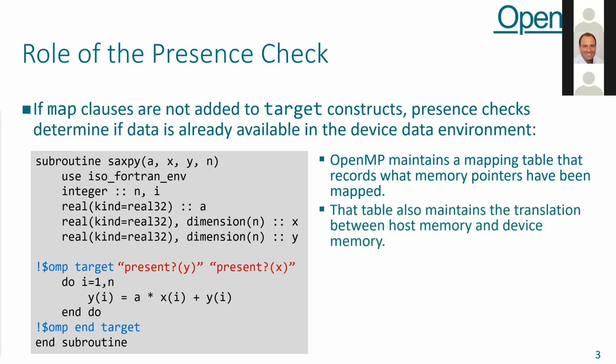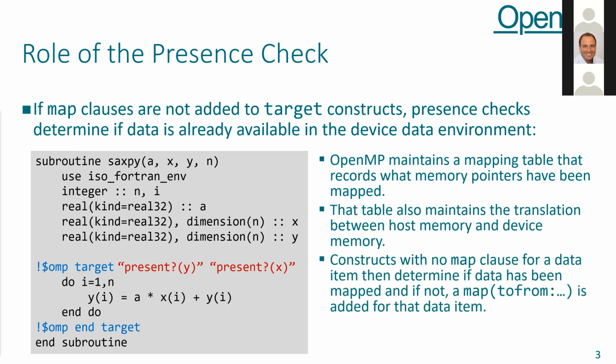The next thing that happens, this is the translation that I already mentioned: if you have a construct that doesn't have a map clause for a particular data item, this presence check kicks in. It looks up the variable in this mapping table.